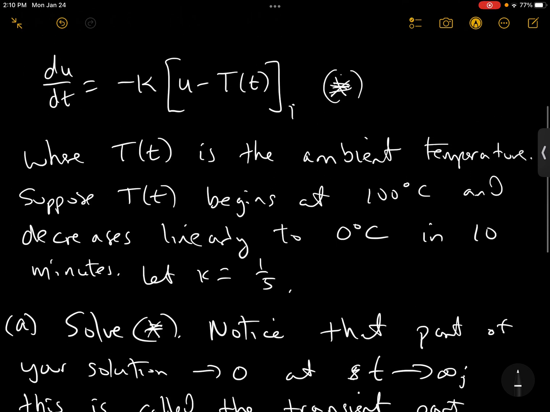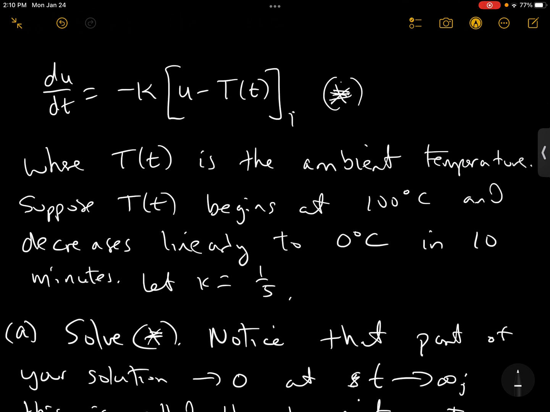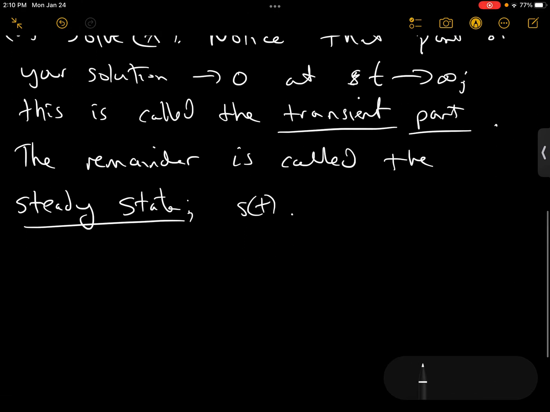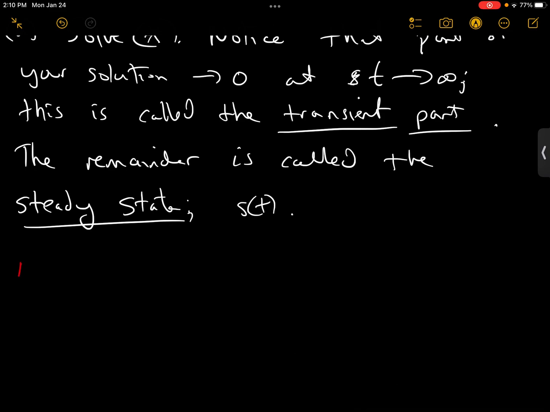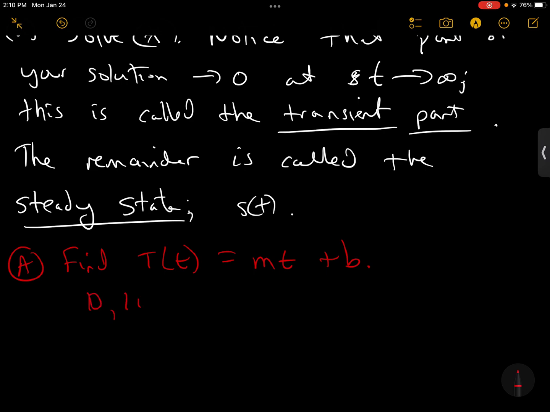All right, so we got some work to do here. First of all, we're solving star, and so we need to get a handle on what capital T is. Well, it's linear, so it better have slope-intercept form, and we need to find M and B. It starts at time 0 at 100 degrees, and 10 minutes later it's at 0 degrees.